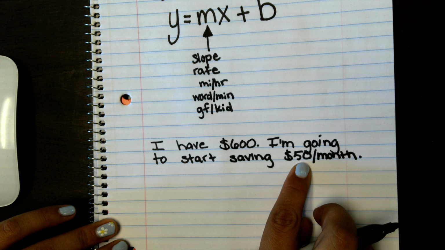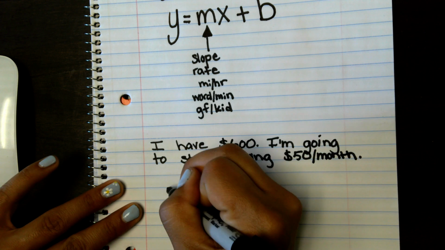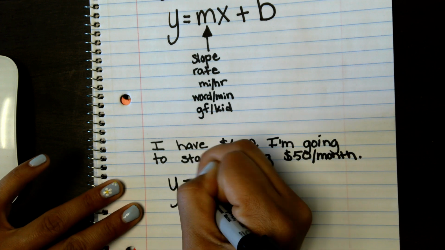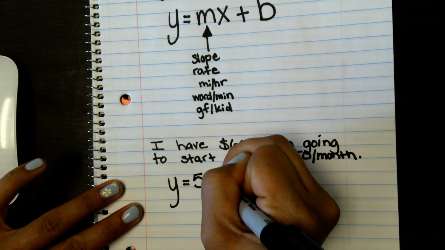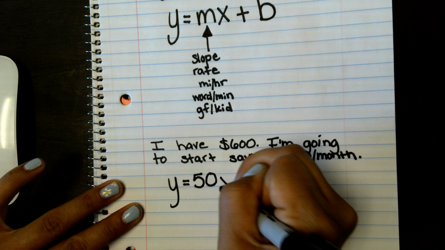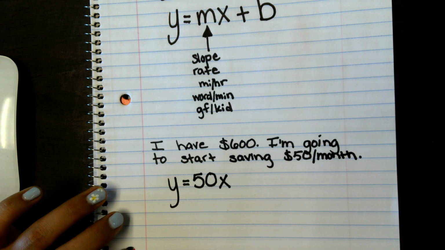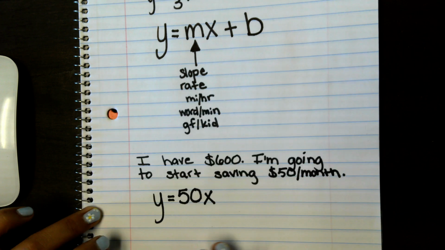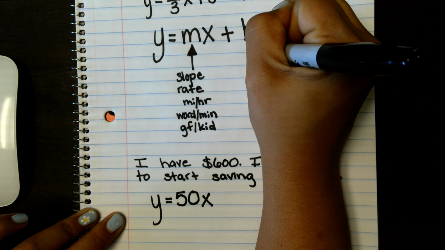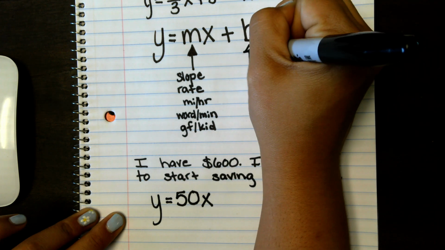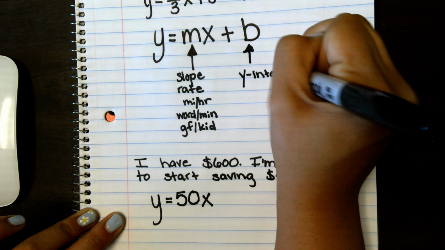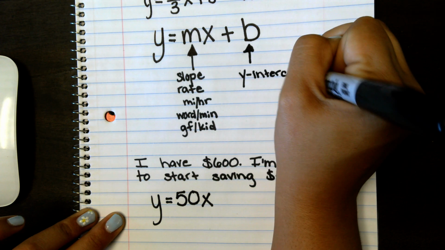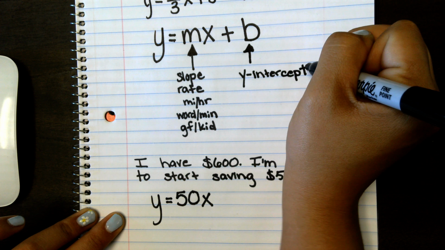So I'm going to start to create an equation in this form down below. Y equals 50, that's my rate, times x. And now we have this plus b part. Plus b, this is called the y-intercept. If you look at it on a graph, it's where the line intercepts the y-axis.